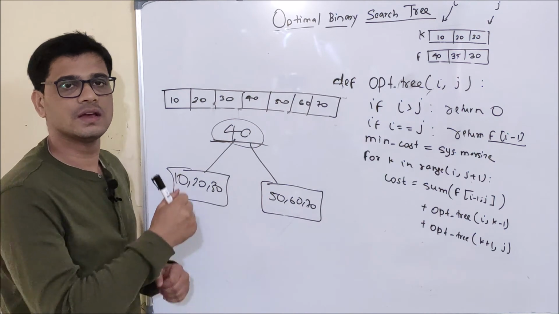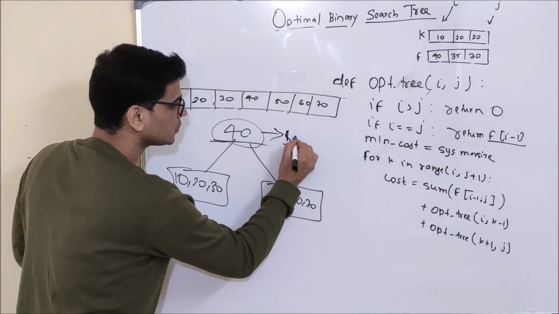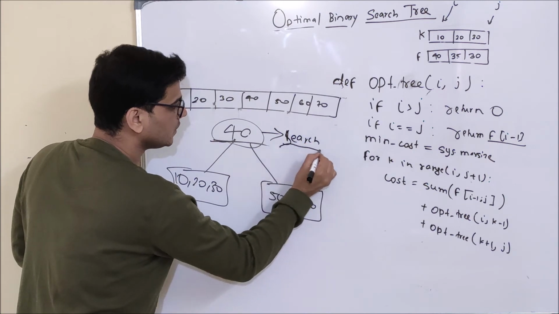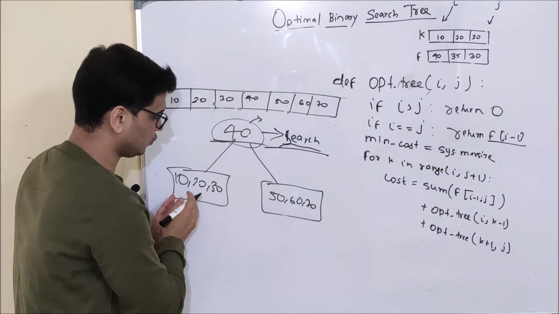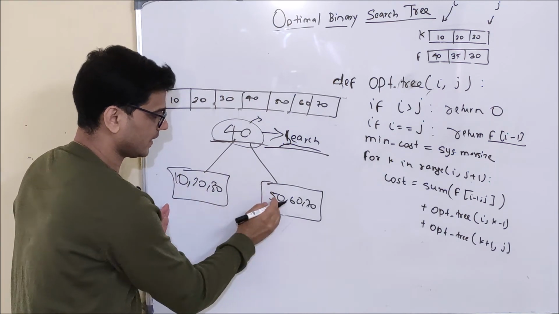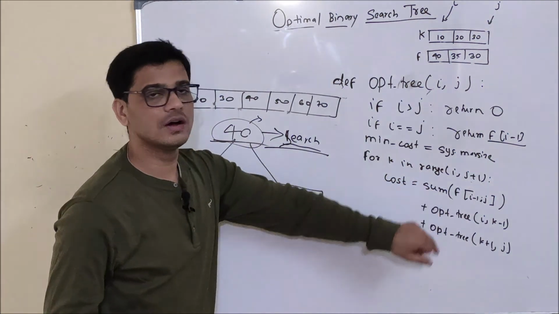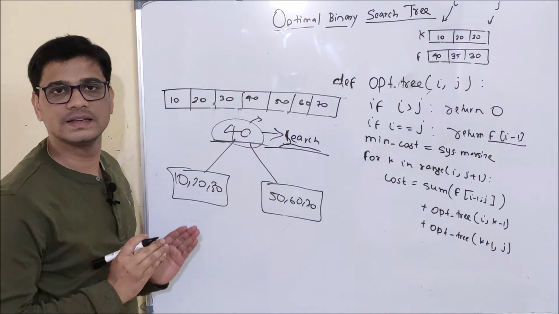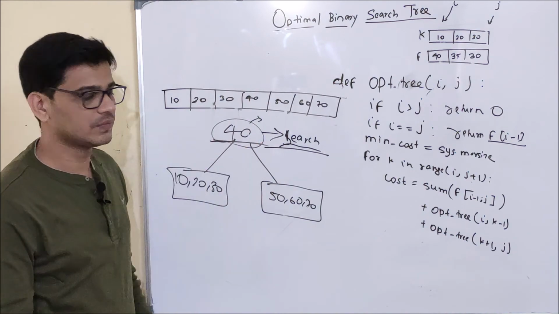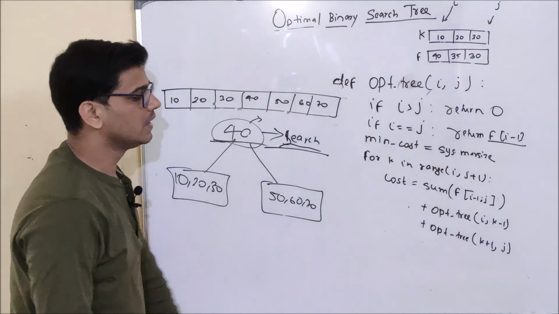So basically, the total search cost here is the frequency of 40 plus the frequency of this and this. That's why we sum up all the frequencies, because you will search for all the keys going through 40.